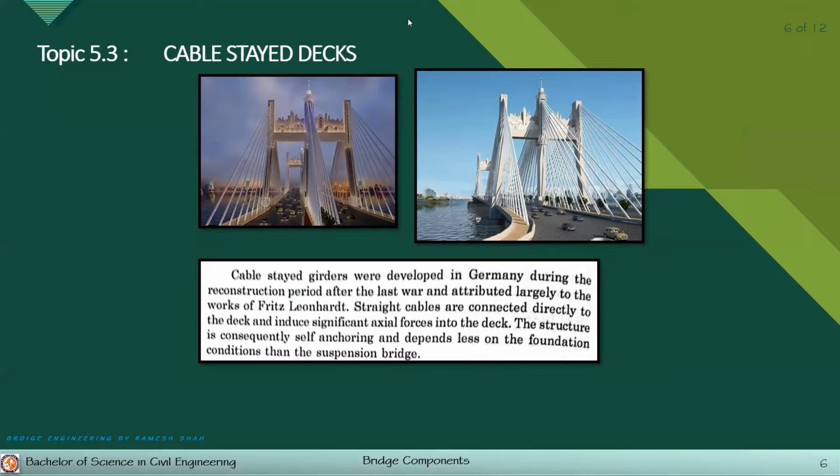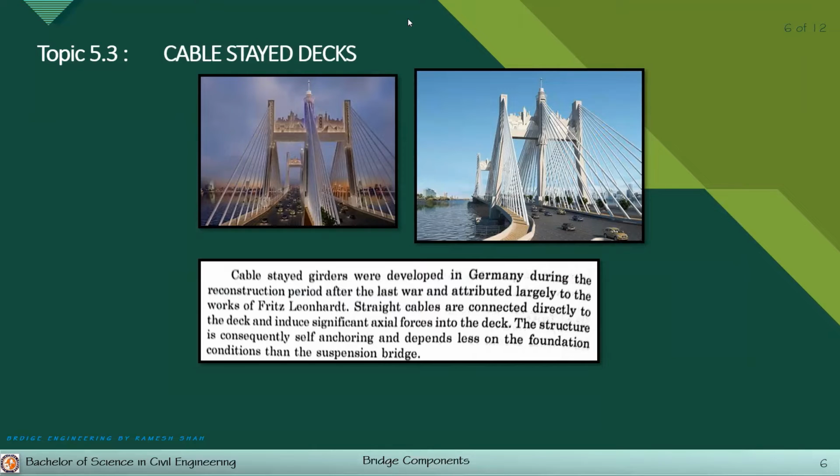Straight cables are connected directly to the deck and induce significant axial force into the deck. The structure is consequently self-anchoring and depends less on the foundation conditions than the suspension bridge.